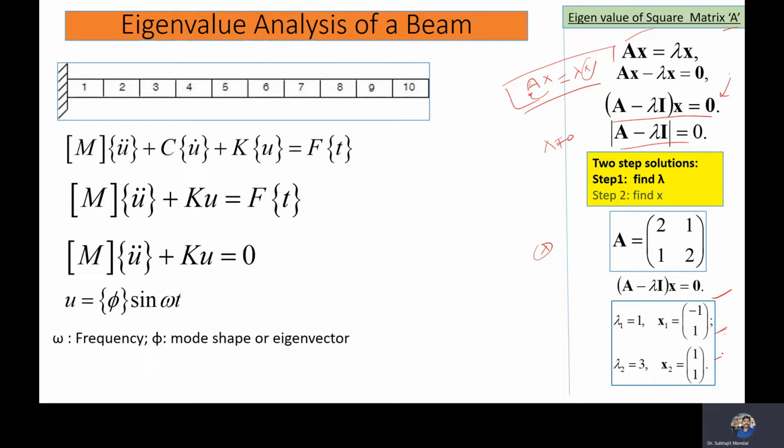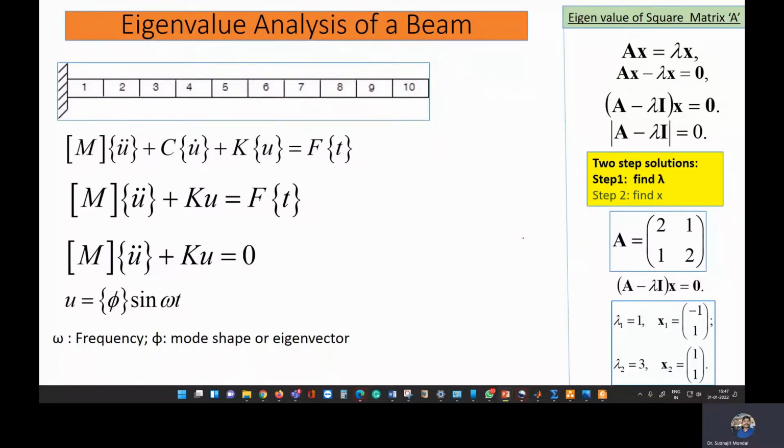Once we find the lambda value, we put it again in this equation and find the eigenvector. So the eigenvector is one special vector which operates on a matrix and gives the same eigenvector. That means the vector does not change direction, only its magnitude changes. Here you can see Ax is equal to lambda x, so it is the same vector, only the magnitude is changed.